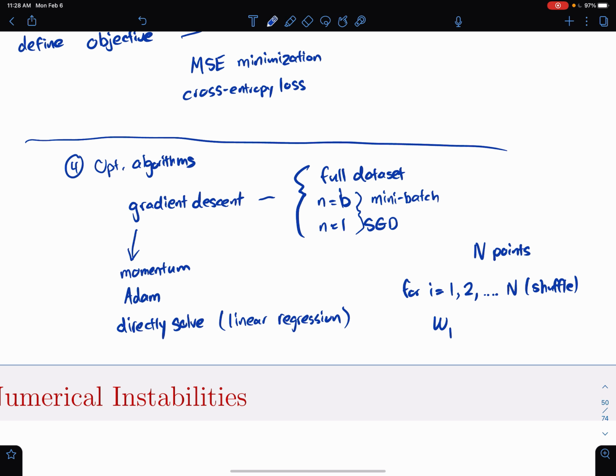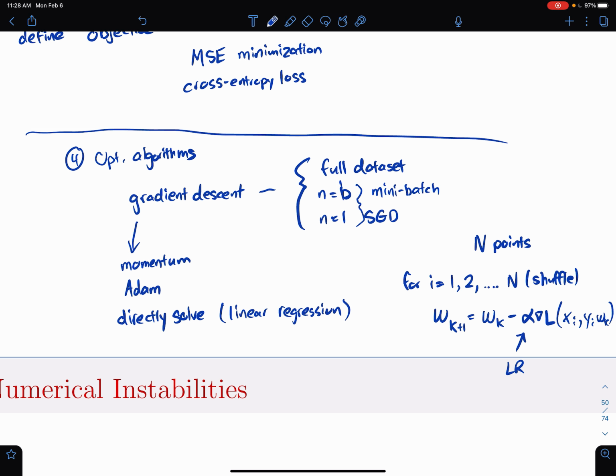So the update is going to be wk plus 1 is equal to wk minus the learning rate times the gradient with respect to xi, yi, wk. So that's the gradient descent algorithm.